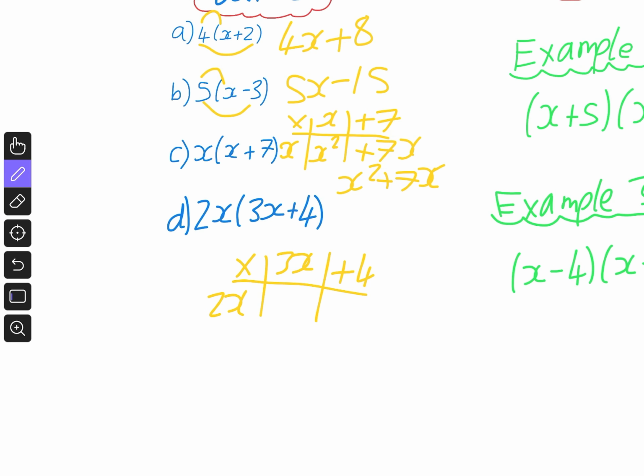So this time 2x multiplied by 3x, be careful. Some people put 5x, be really careful. 2 multiplied by 3 is 6, x multiplied by x is x squared, okay, and then 2x multiplied by 4 is 8x, and then when you simplify that and put it together, you'll get 6x squared plus 8x.